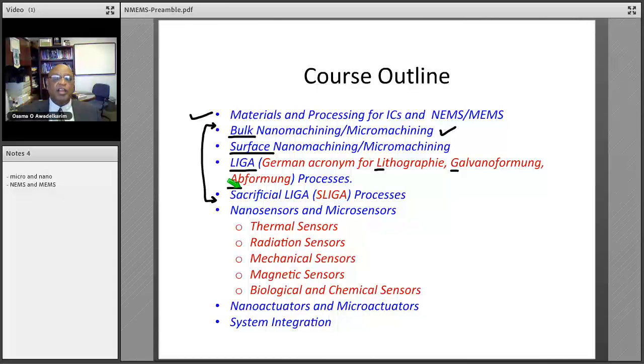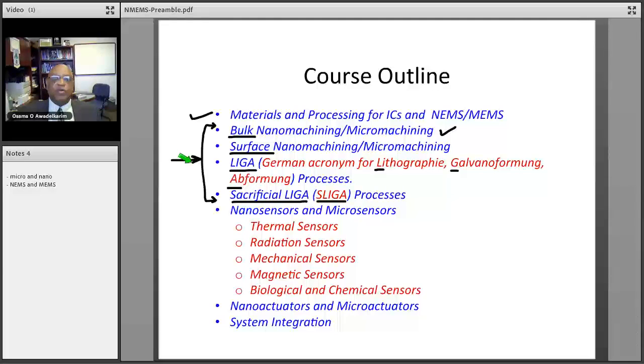And then an offshoot or a product of LIGA with a little bit of modifications called sacrificial LIGA process, S-LIGA processes. So these are basically the fabrication processes that are used in NEMS and MEMS and smart systems or structures.